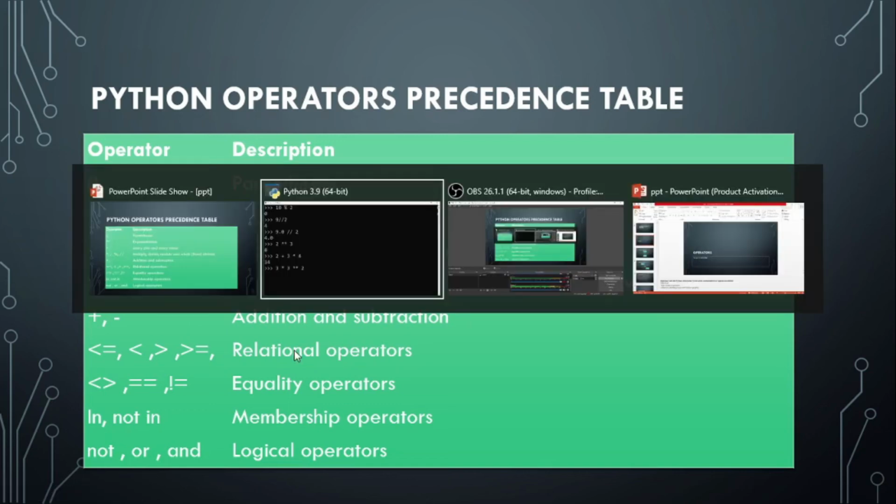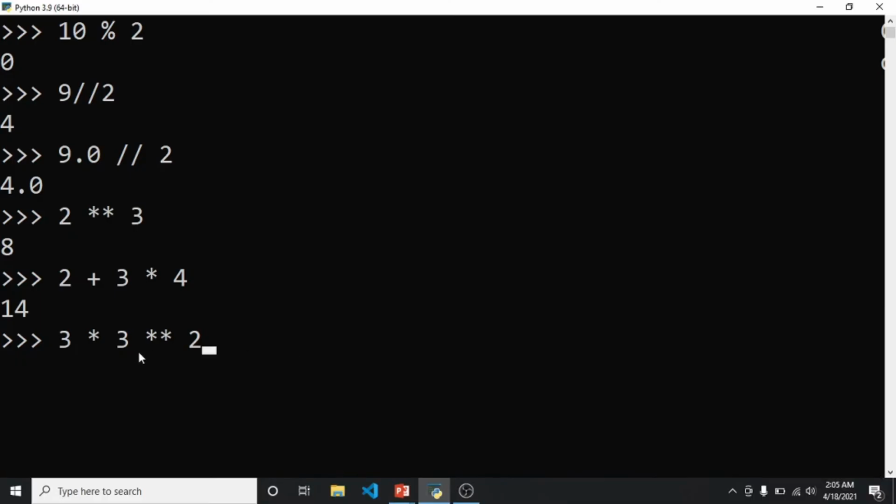So, ang mangyayari is magkakaroon muna ng exponential operation. So, 3 raised to the power of 2 is 9 times 3. Ang sagot ay 27. Okay? So, yan yung precedence table.